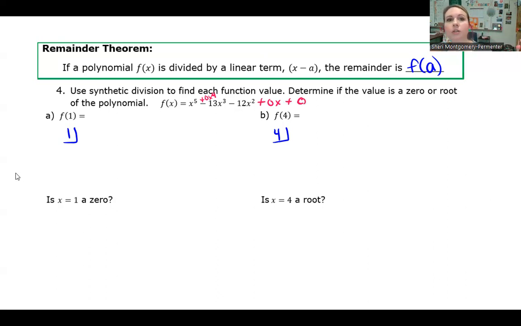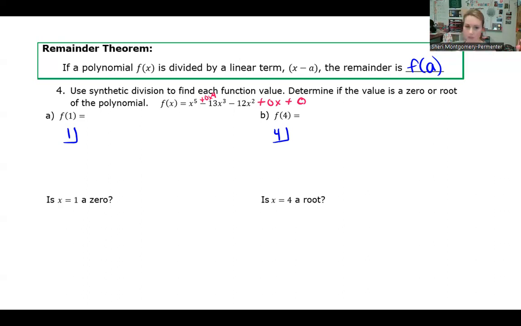So now I need to make sure that I got everything. 5, 4, 3, 2, 1, none. I'm going to make sure I've got 6 terms: 1, 2, 3, 4, 5, 6. So now I've got everything there. Now I can set it up so that I can use synthetic division.